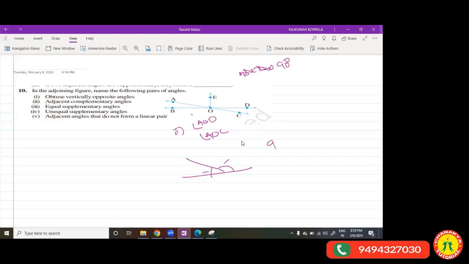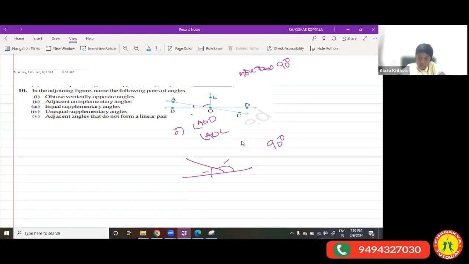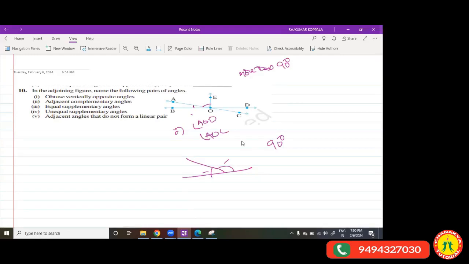Complementary means sum 90. See, this one plus this one, how much? Full angle? 90 degrees. Complement or not? Yes, sir. Complement. Why? Sum of this angle and this angle is 180 degrees.